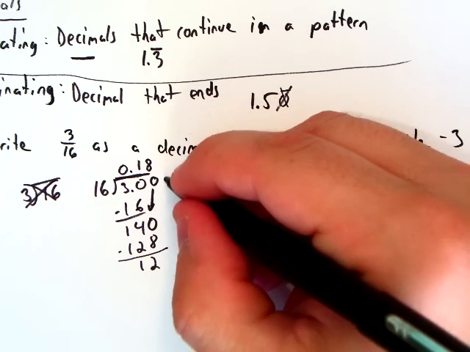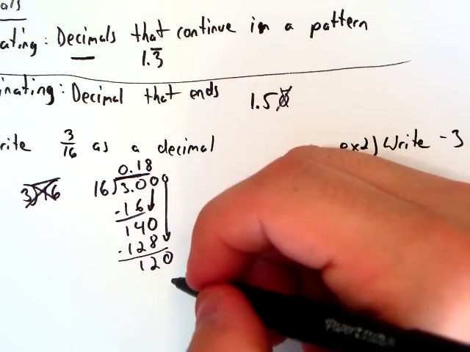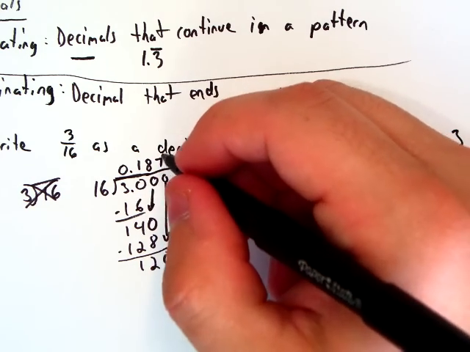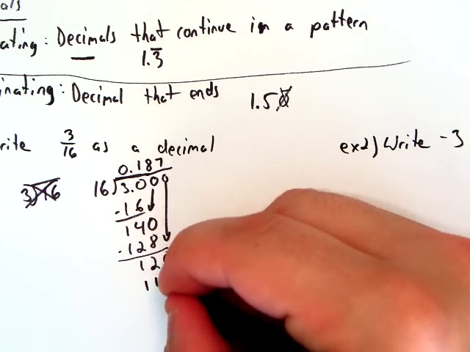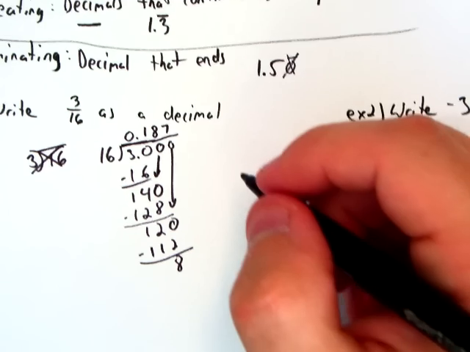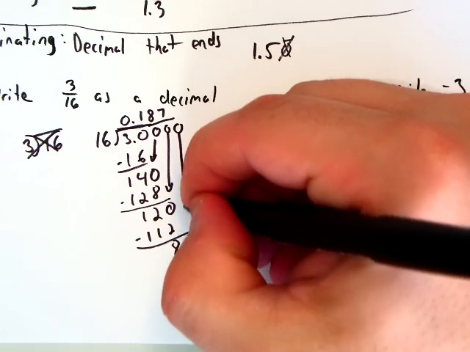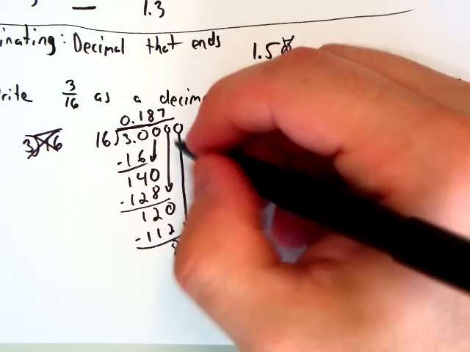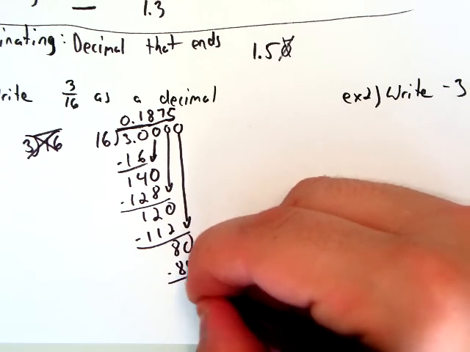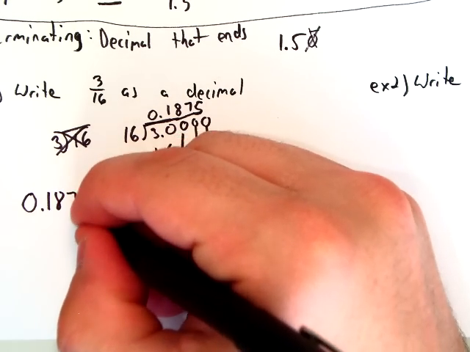Still not at 0 here, so I need to continue on the path. 16 goes into 120 7 times. 7 times 16 is going to get you 112. 112 taken away from 120 is 8. Still not at 0. So I'm going to bring down another 0 here. 16 goes into 80 5 times. 5 times 16 happens to be 80. Subtract to get 0. So 3/16 as a decimal is 0.1875.